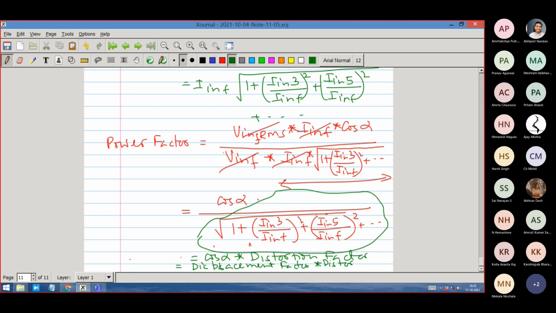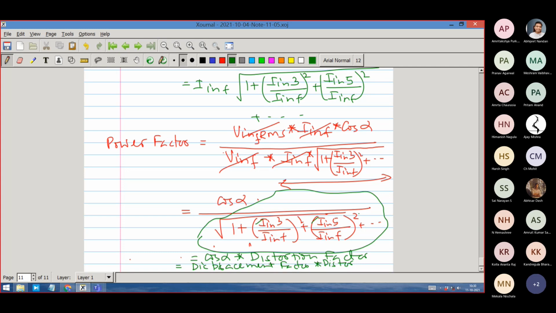This factor is representing 1 by the square root of 1 plus this. If the current has no distortion, then this number will be 1. If the input current is also sinusoidal, then all the harmonic components, I in 3, I in 5, all of them will be 0. So the distortion factor will be equal to 1.